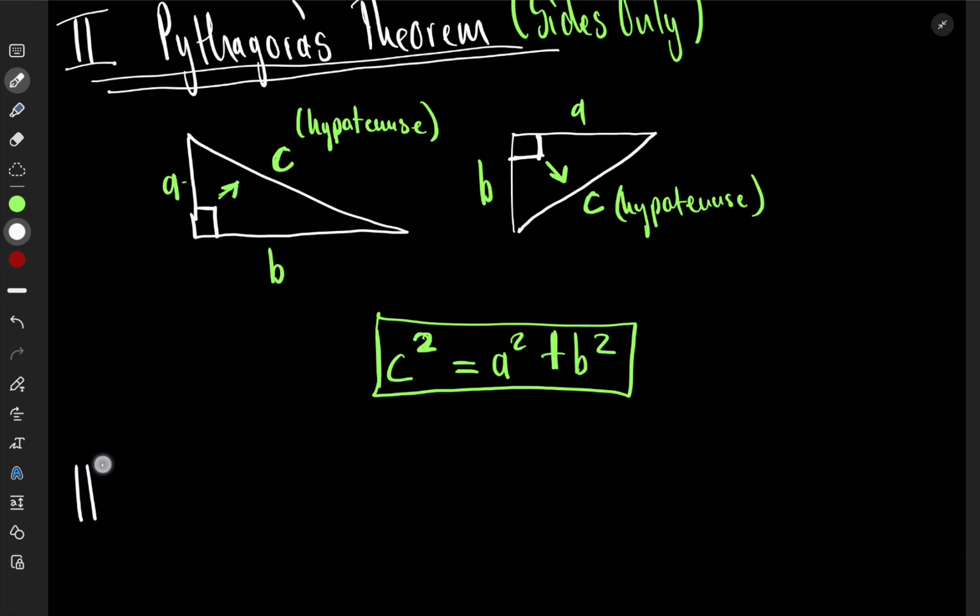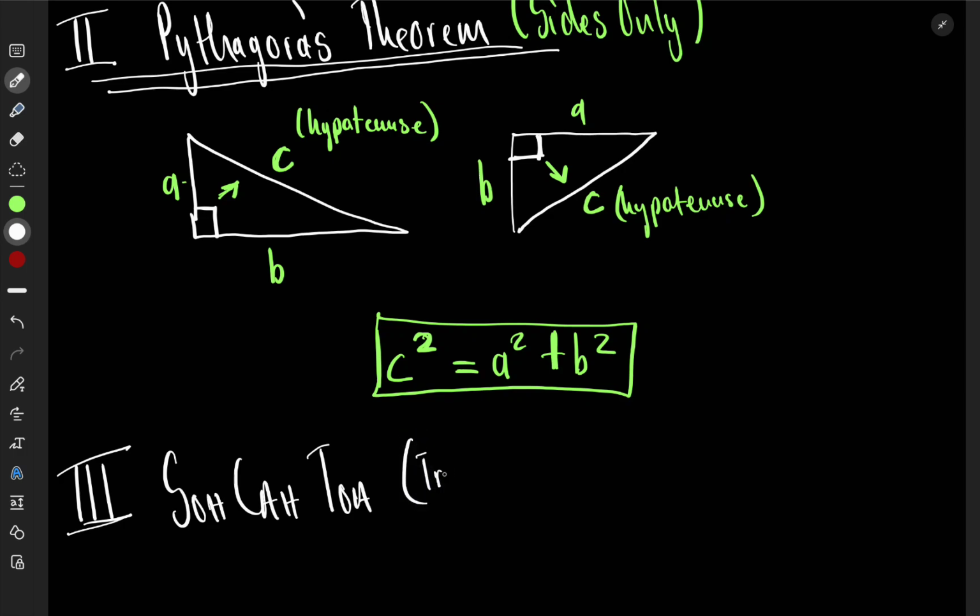Here, what I want you to then know again, which is the third and final thing we're doing here, is SOH CAH TOA. These we call the trig ratios: the sine ratio, cosine ratio, and the tan ratio.